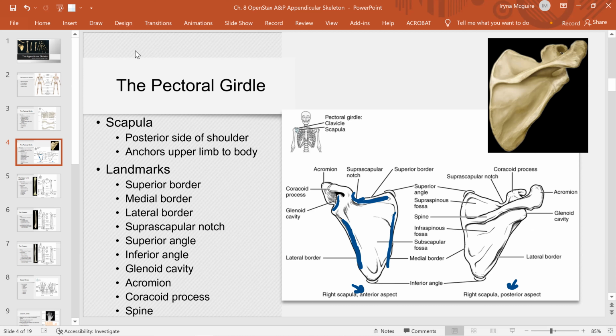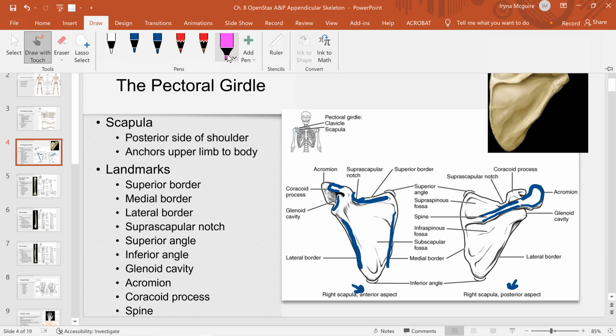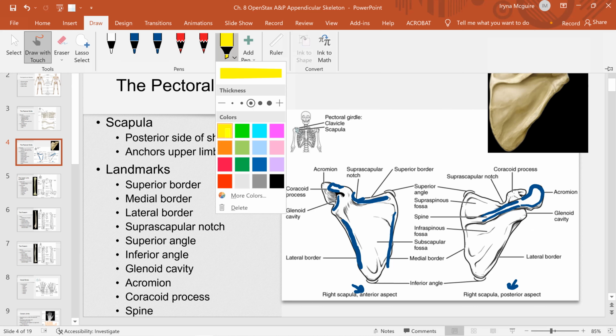If you look at the posterior aspect, you will see this structure over here that is called the spine of the scapula, and it continues into a process called the acromion, right? There is another process called the coracoid process right there. Now above the spine, you have a structure called the supraspinous fossa.